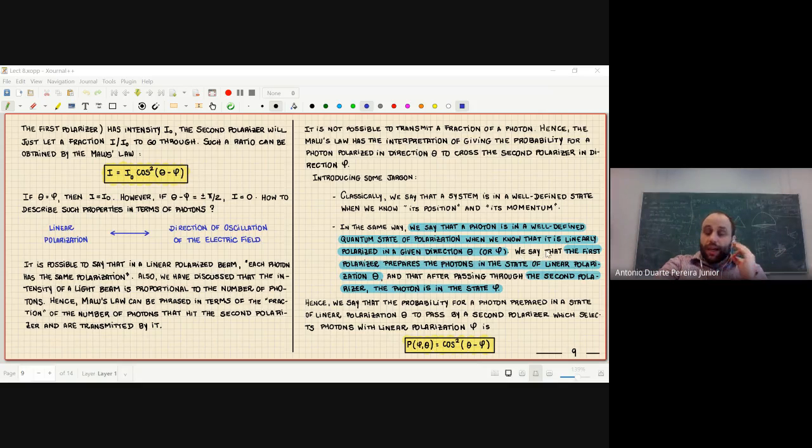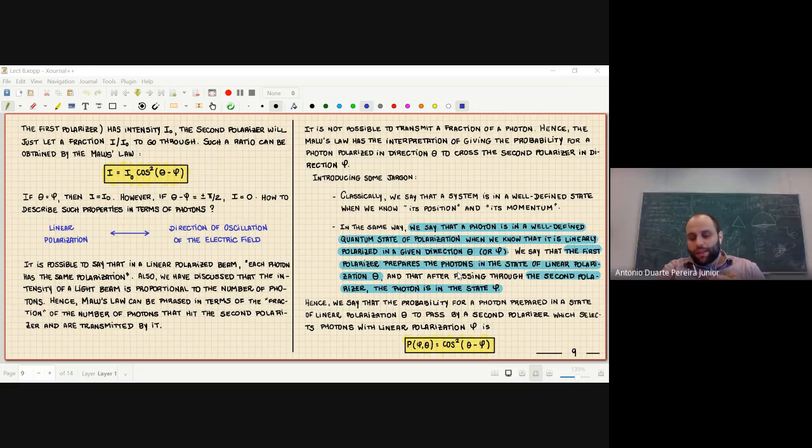So we can say that the first polarizer, the one in the theta direction, prepares photons in the state of linear polarization theta, because after passing through it, we say that the photons are in a well-defined quantum state of polarization theta.